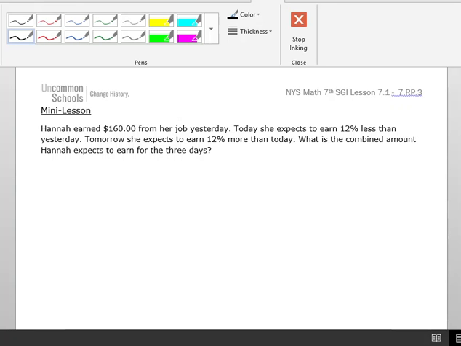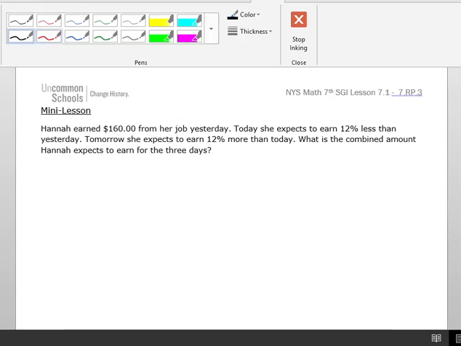And because I'm working with a computer, it's going to be a little bit easier for you guys to organize your work in pencil, just because you can do more with the space than I can with my computer program. But I really want you to make sure that you're organizing your work in a way that will prevent you from making a silly math mistake, because you guys do know this math.